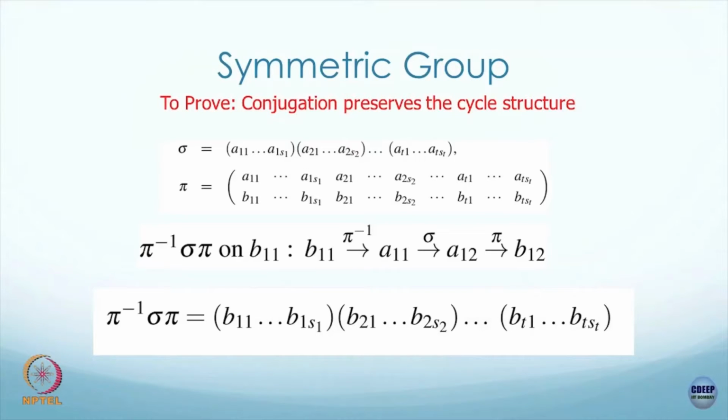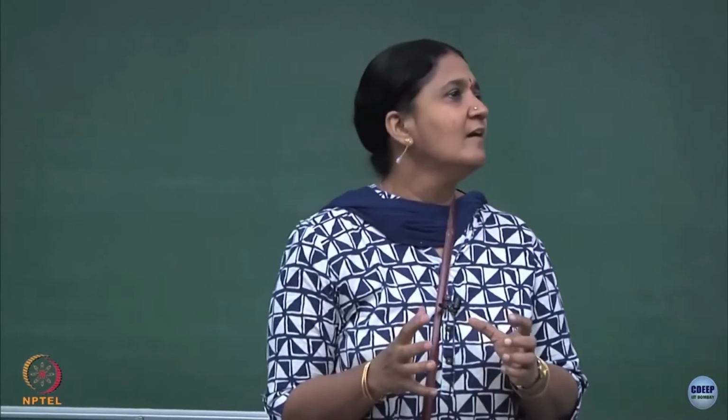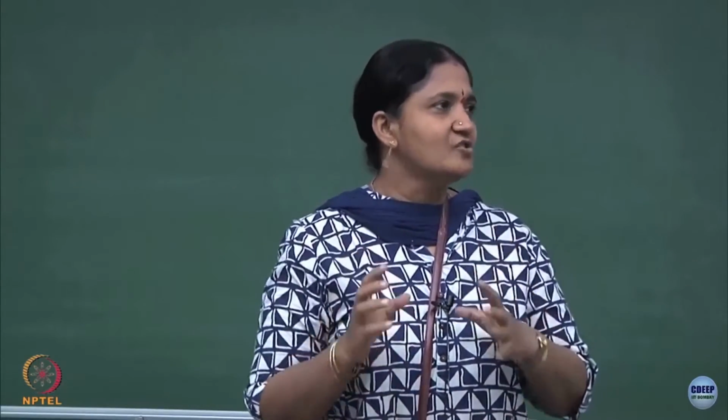As I said, I wanted to do a couple of problems as a tutorial today. Okay. One of the things which I passingly said is that when you do conjugation of an element in the symmetric group of degree n, which has some cycle structure, the cycle structure remains unaltered.